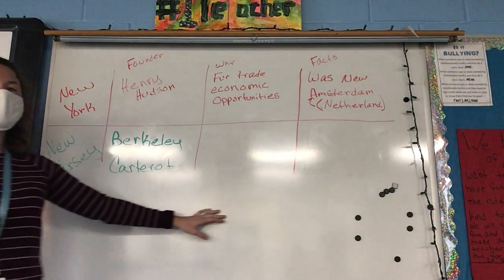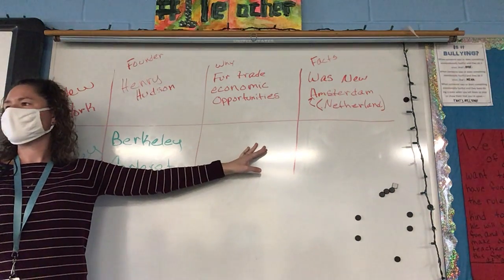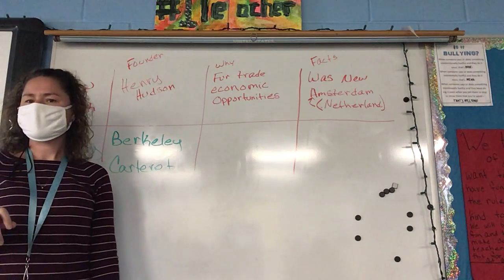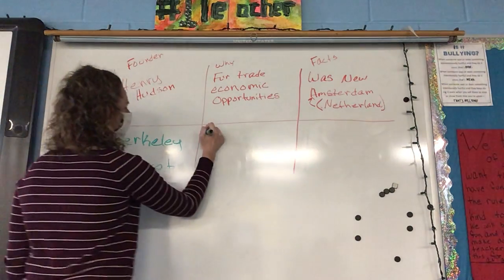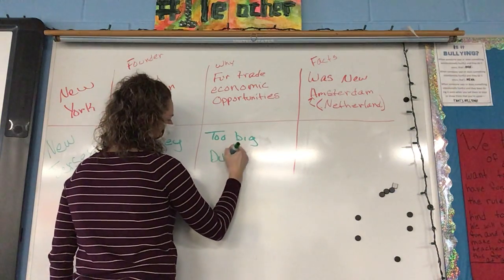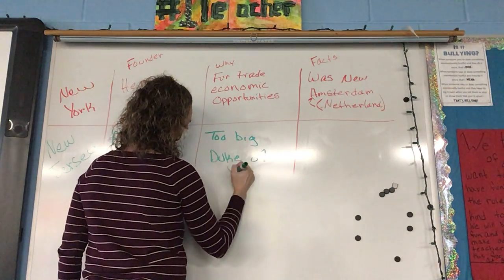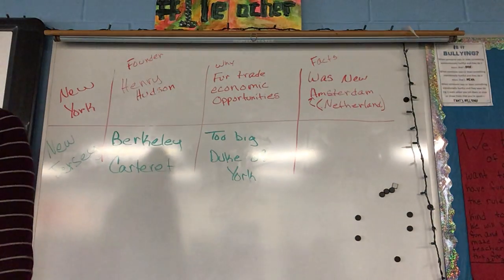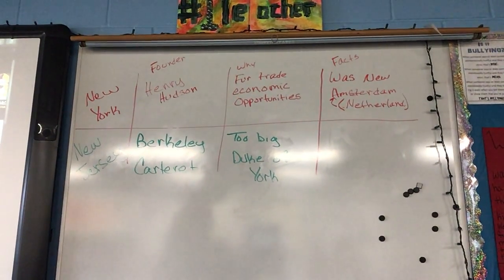Why did they get New Jersey? Why was it founded? John? Because it was too big for... Right. Too big for the Duke of York. Okay? So he separates that. There's a glare.